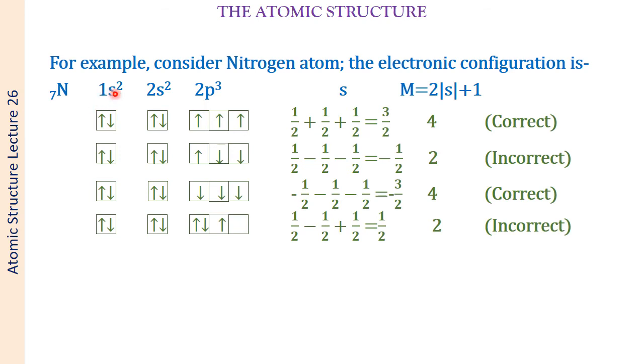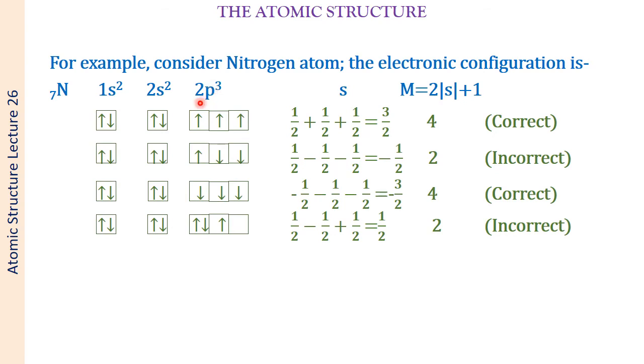Okay, 1s2, this means we have put a square and one electron is having a spin up and the other electron is having spin down. Okay, so both the electrons should have opposite spin, that we have done by the Pauli's exclusion principle. Then we have 2s2, again both the electrons are going to fill, so one is spin up, the other is spin down. Now comes up to 2p3, what we are going to do over here.